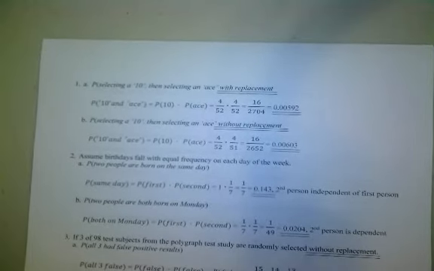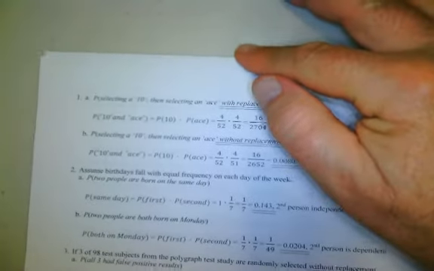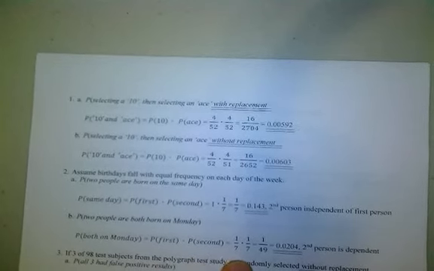Now, what is the chance that 2 people are both born on Monday? As you can see, again, first times second, and they're both 1/7. For the first person, the chance of being born on Monday is 1 day out of the 7, so that's 1 out of 7.